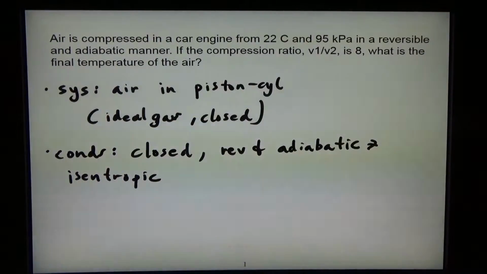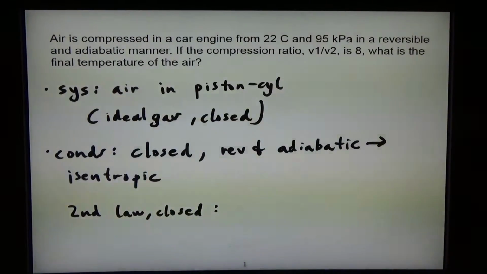If we look at the second law for a closed system process, it looks like entropy generation is equal to delta S minus the entropy transfer with heat.